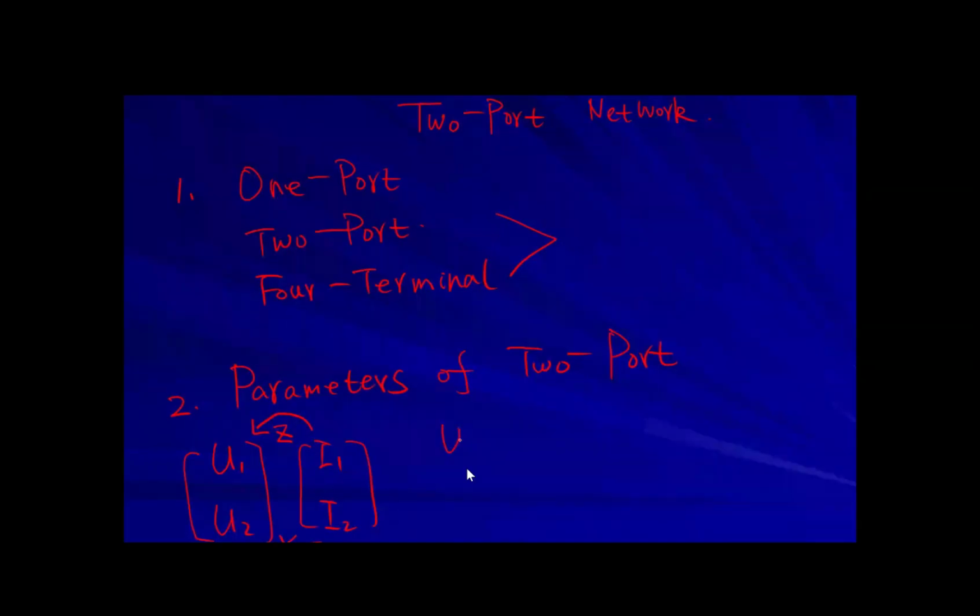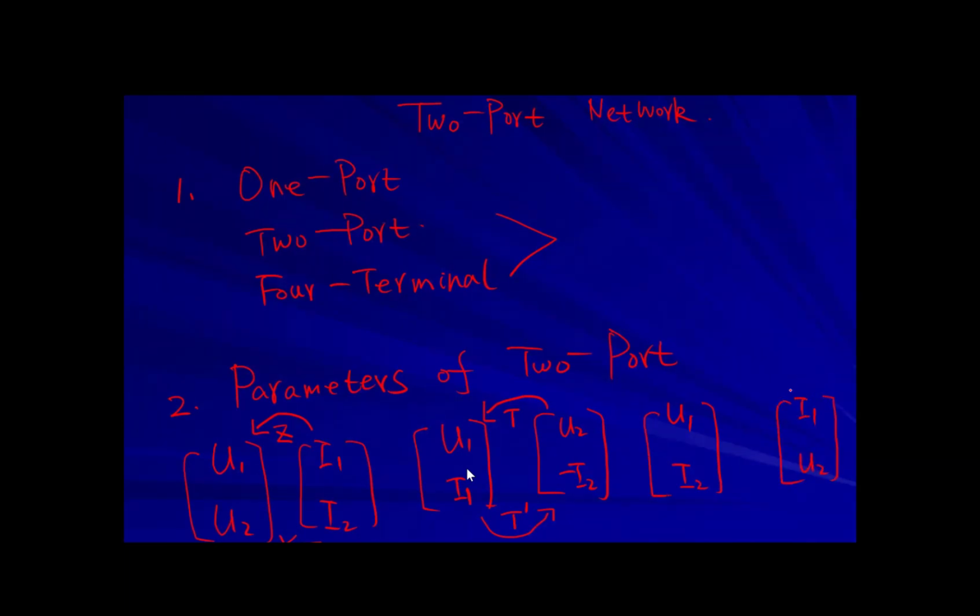And we learned the T parameter, expressing U1, I1 with U2 and minus I2. If you use U1, I1 to express U2, minus I2, it will be T sharp. And we discussed U1, I2 with I1, U2. This will be the H parameter, and this will be H sharp.